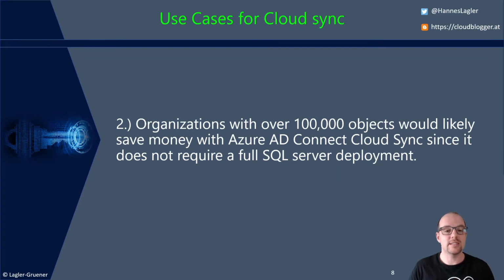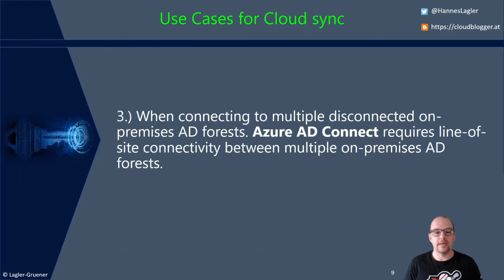You need the license, and here Azure Active Directory Cloud Sync can help, because when you have 100,000 objects, you only have to install one or more agents on your systems, and you don't need an SQL server.